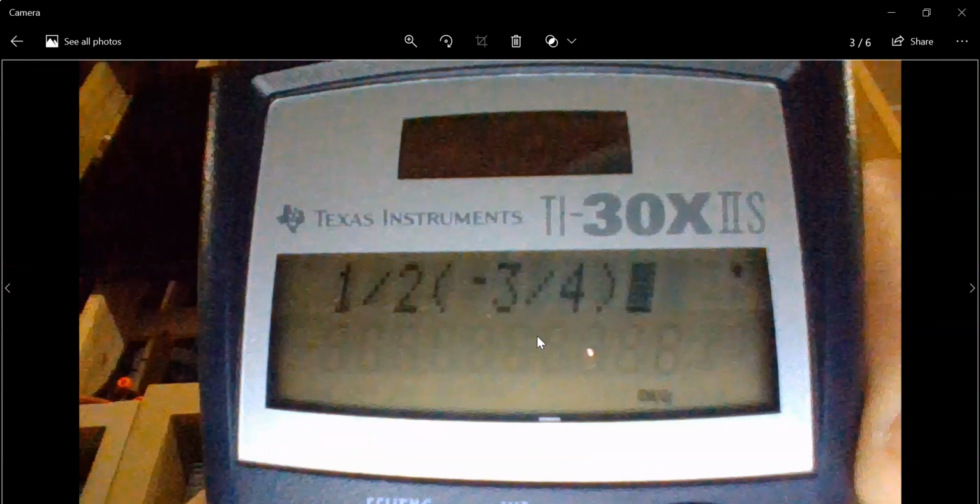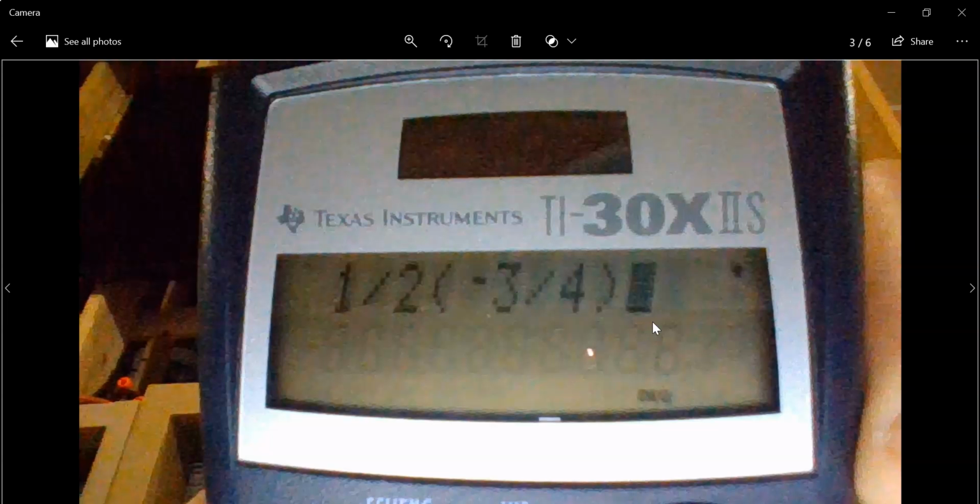And then 3 divided by 4, and then end the parentheses. So your screen should look something like this: 1/2, and then in parentheses, -3/4. If you use the bigger sign, you hit the minus sign, which is incorrect.